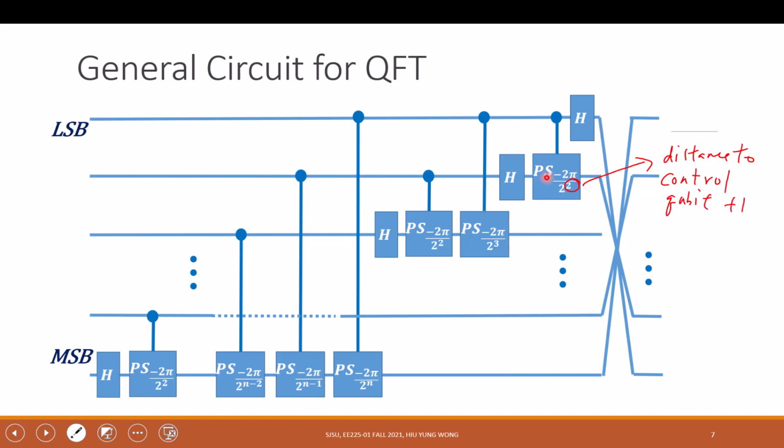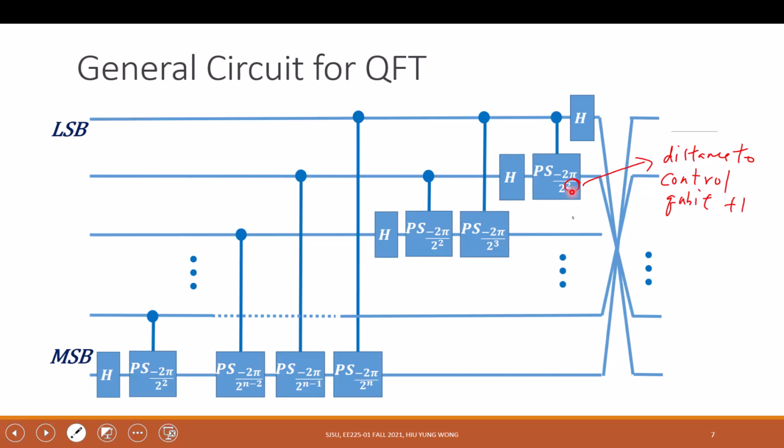So the distance from here to the control qubit is 1, right? Because this is least significant, this is the second, right? So 1 plus 1, that is 2. So you do a phase shift of negative 2 pi divided by 2 to the power 2.